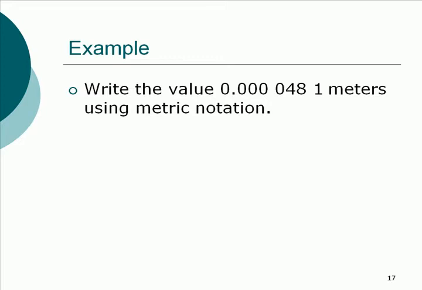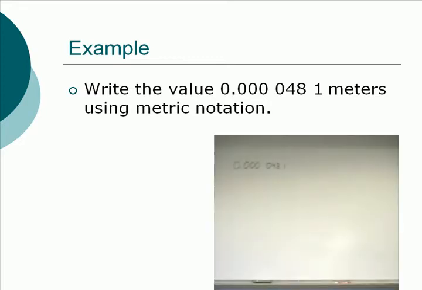What about 0.0000481 meters in metric notation? Well, the first thing we have to do here, it doesn't have to be the first step, but it will be for our purposes because I think it is the most clear.